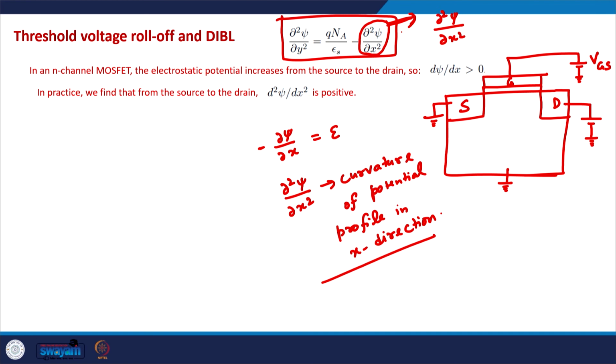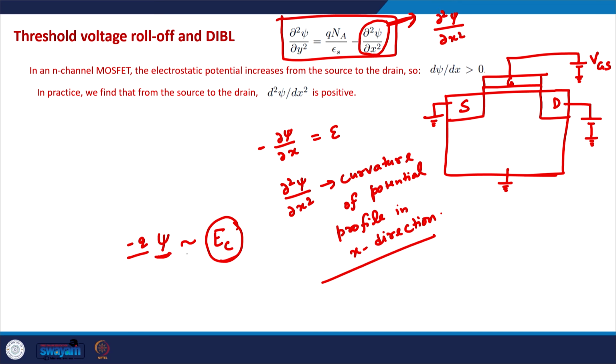And please also remember that the electrostatic potential psi is also closely related to the conduction band edge, and it has a negative relationship, because the conduction band edge or the valence band edge, the bands in the semiconductor, essentially represent the potential energy of the electrons, and the potential energy is equal to minus q times the electrostatic potential.